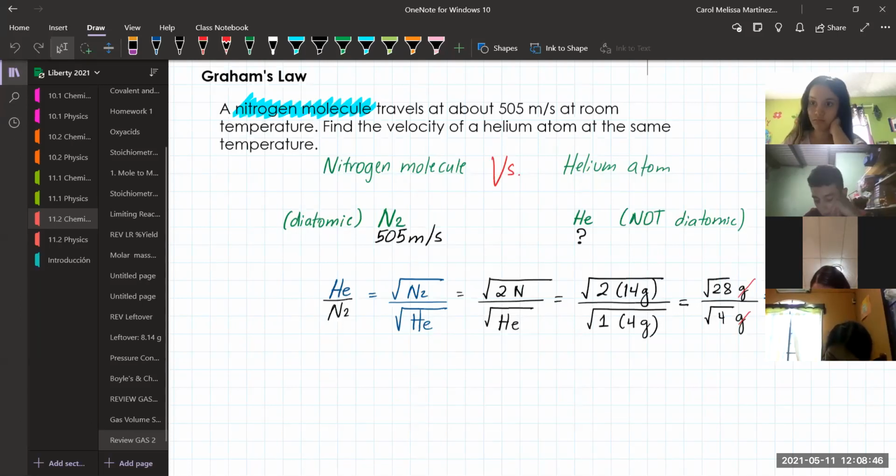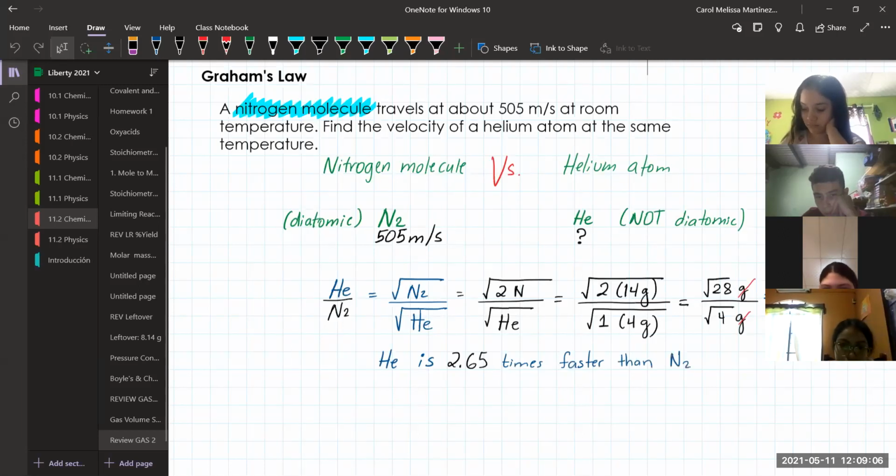This tells me that helium is 2.65 times faster than nitrogen molecule. That's what it tells me.